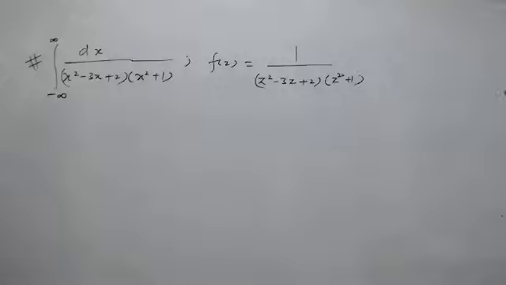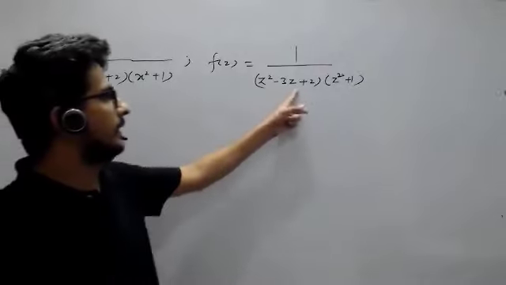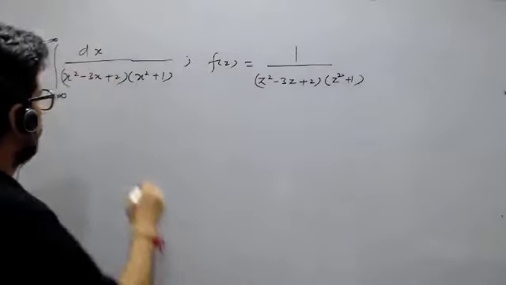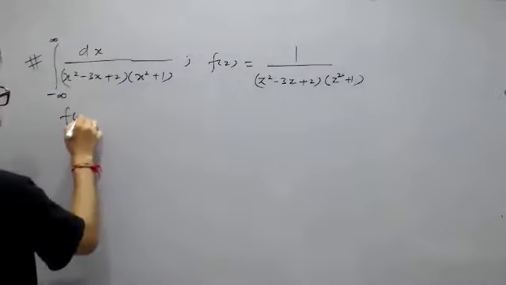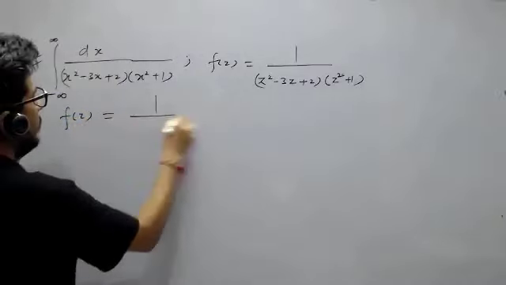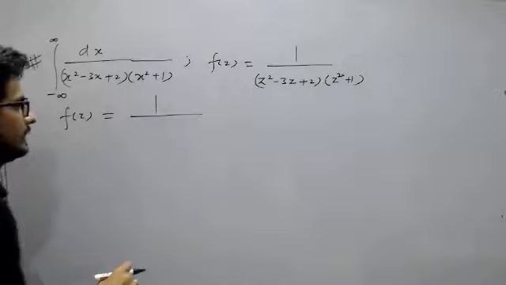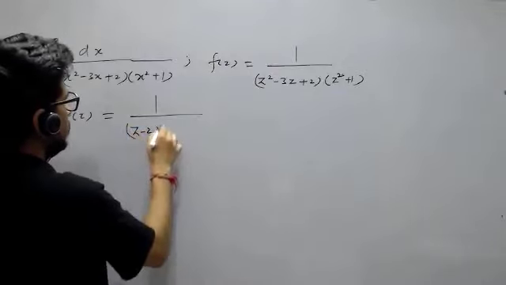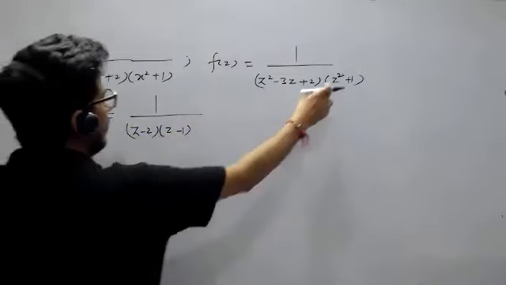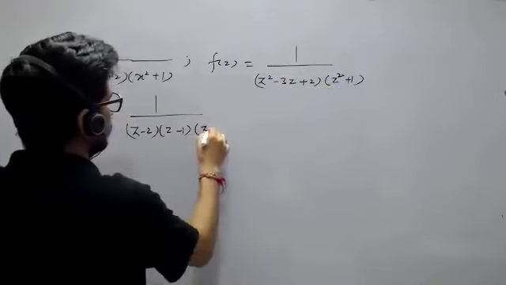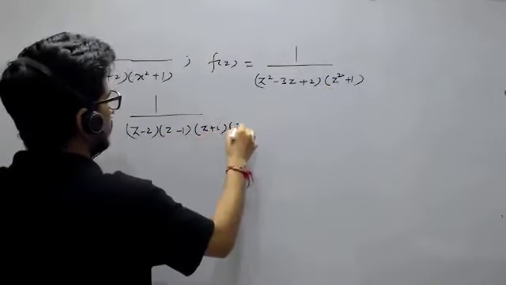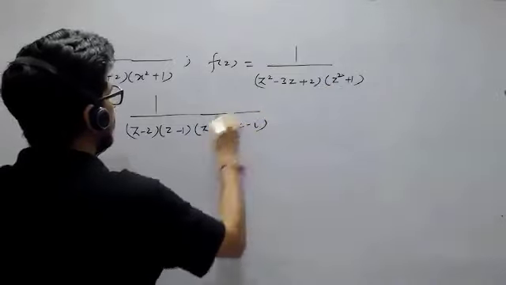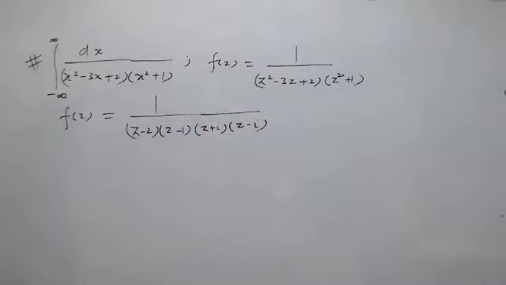Yes. And what will be the factorization? f(z) will be 1 upon, what will be the factorization? (z minus 2)(z minus 1). And here, (z minus iota)(z plus iota). So these are the poles.